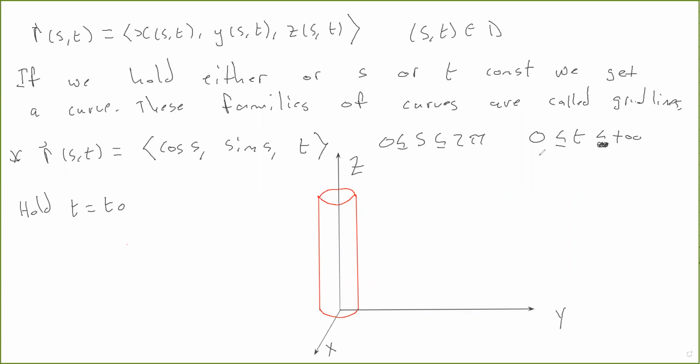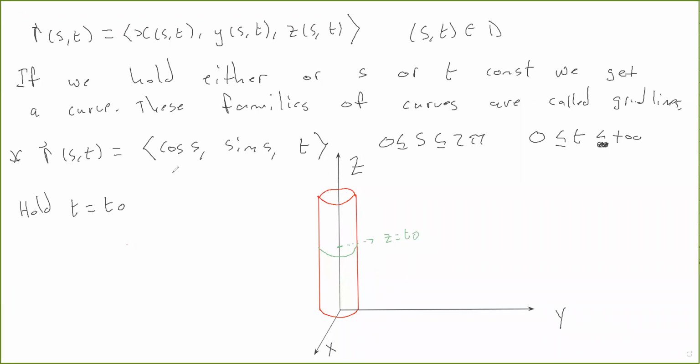Well, what's going to happen? s is going to vary from 0 to 2 pi, and what we're going to get is just a circle at the height z is equal to t naught. So it'll be something like this. Of course, it'll be around the back of the cylinder, but I can't draw that. So this is z is equal to t naught.